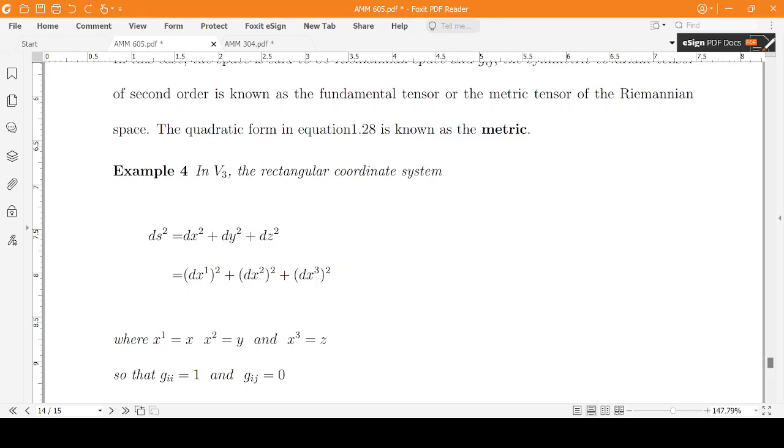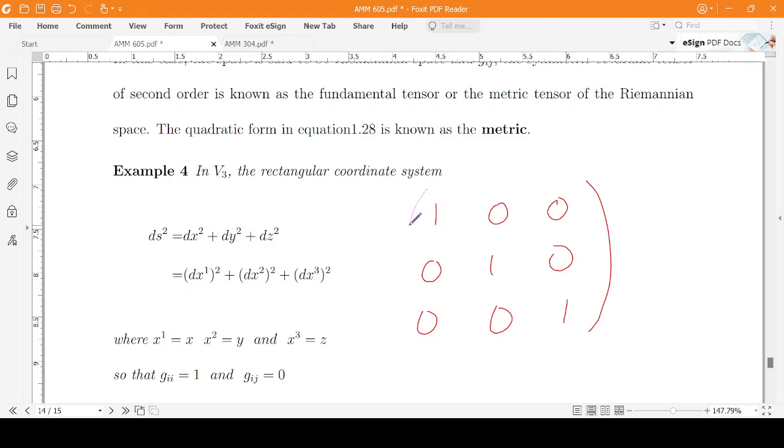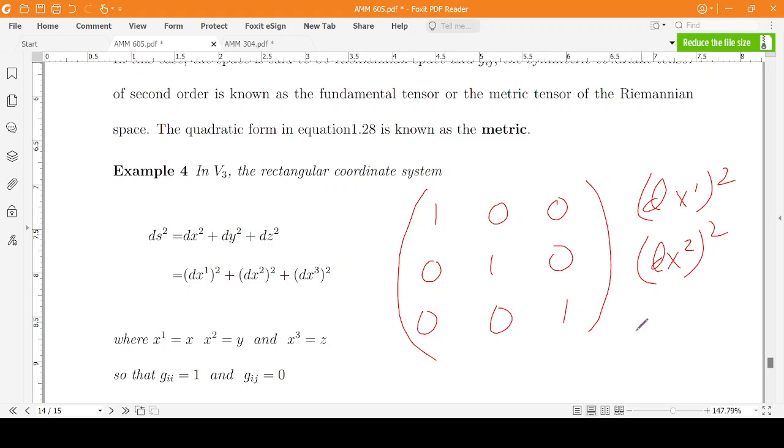In this case, we think of a 3 by 3 matrix, where we have 1, 0, 0, 0, 1, 0, 0, 0, 1, and then we have dx1 squared, dx2 squared, dx3 squared.